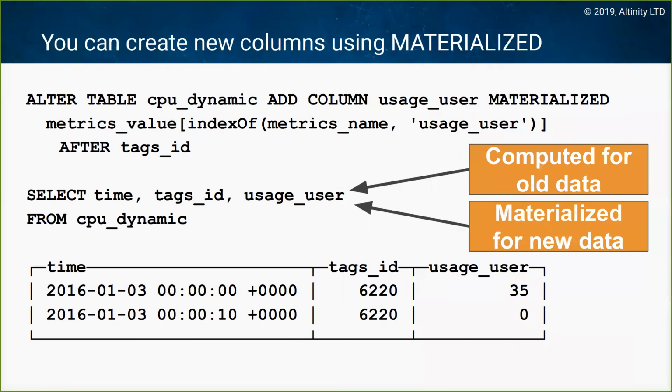So here we have that same example, and what we're going to do is we're going to alter the table, and we're going to add a column called usage user, and what we're doing is dipping into the arrays, and we're going to fish out the value of the metric called usage user. And this basically turns it into a column.